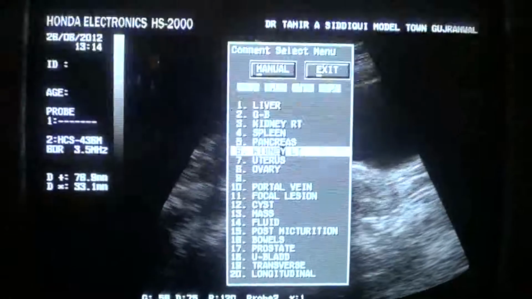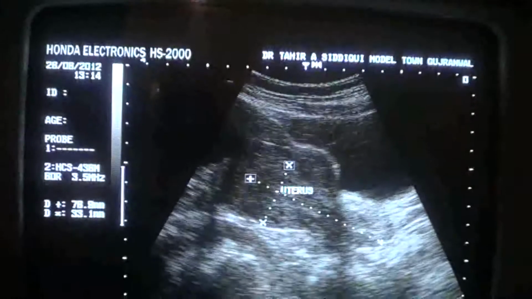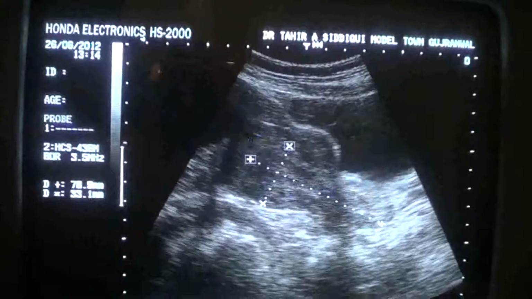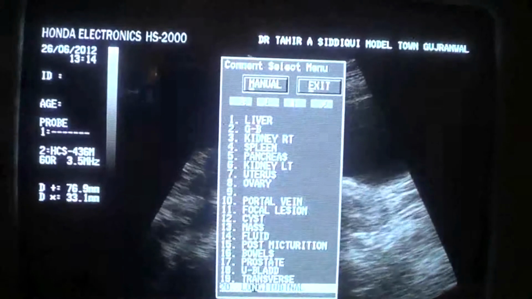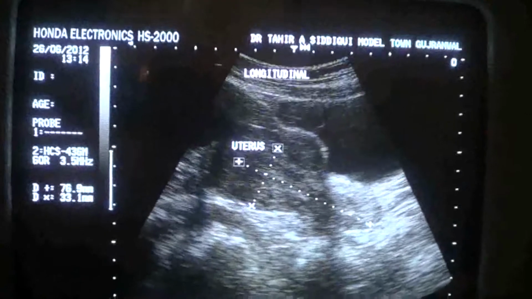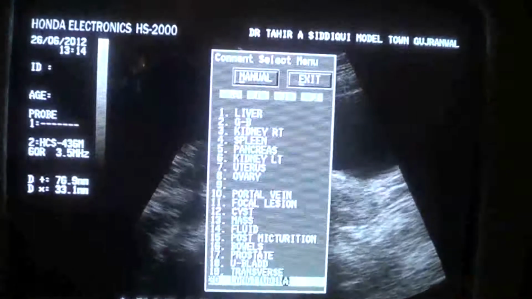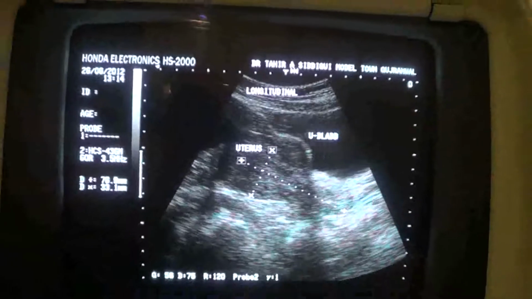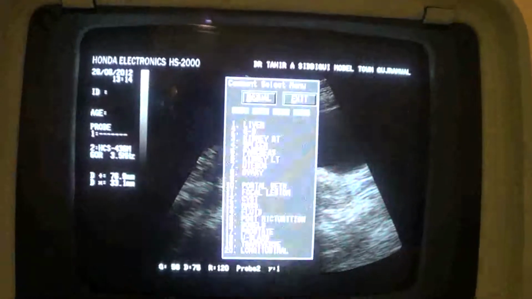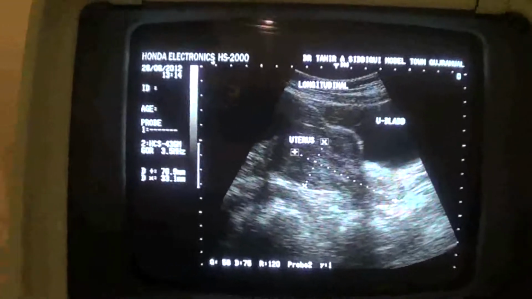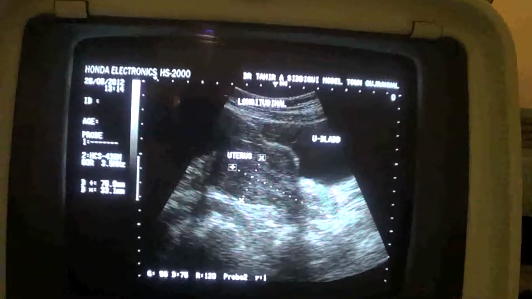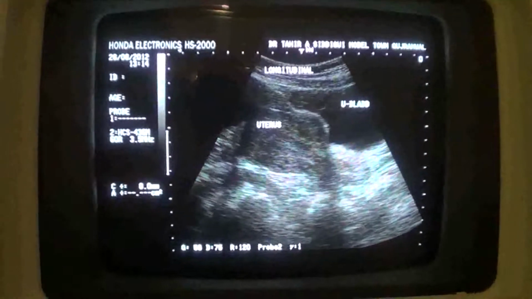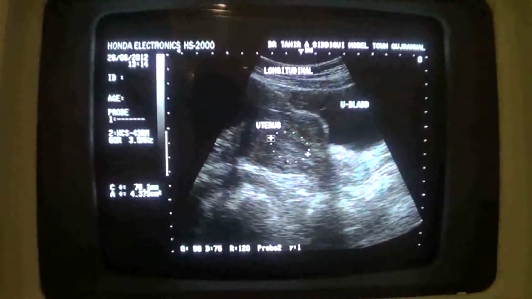Now there is an area, this is the uterus, longitudinal section, and this is the urinary bladder. Okay, let's first see the endometrial canal. This is the endometrial canal.